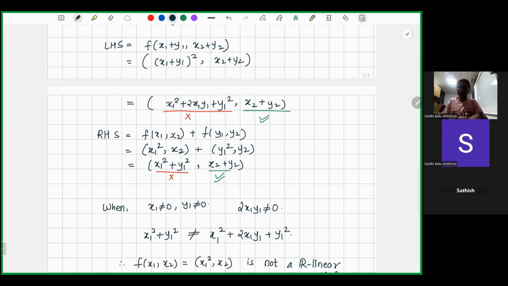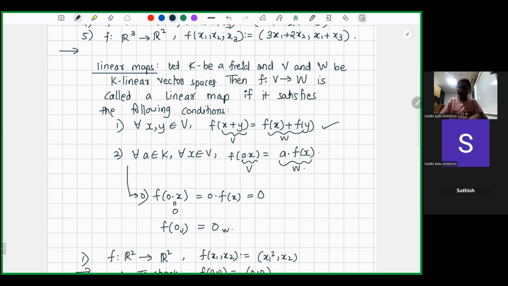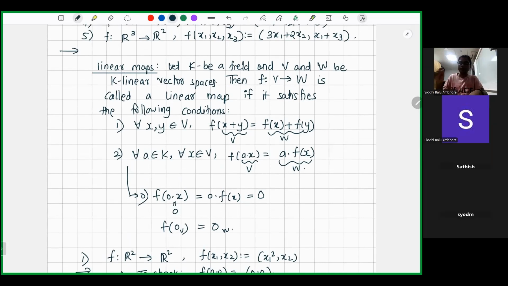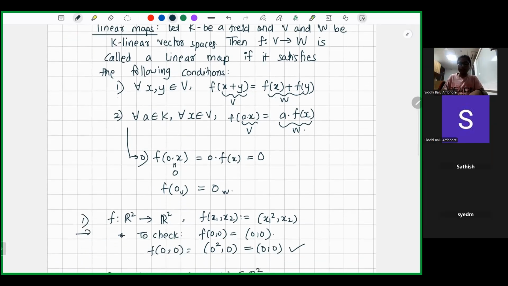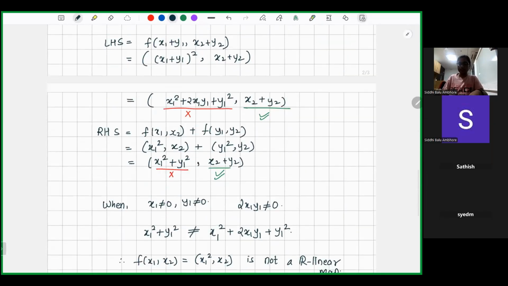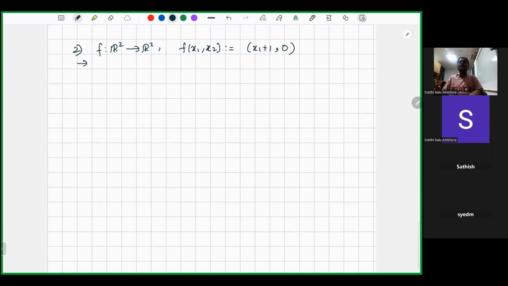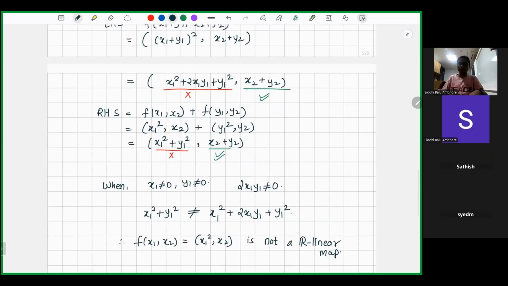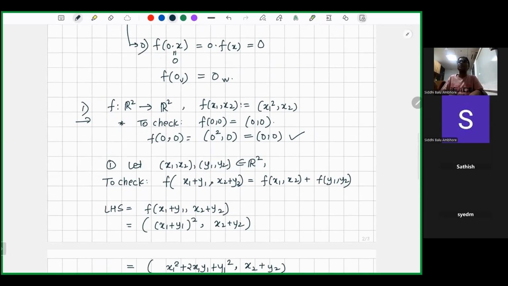Now, as I told you before, we have these two conditions to check whether the given map is a linear map or not. And from the second condition, we can derive that f of 0 must go to 0. And as I suggested, if you are given any map, it's better to check the zero condition first, whether 0 is mapped to 0, because it's comparatively easy to check.